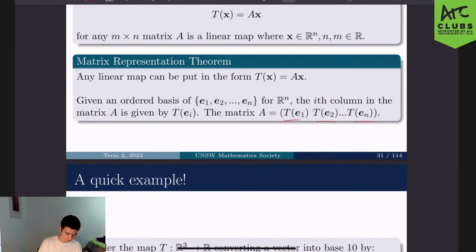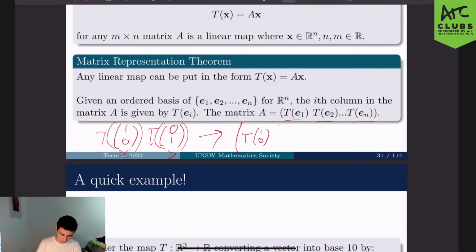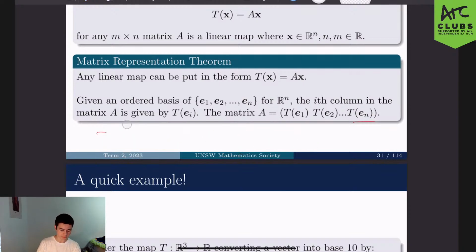If we have a vector space like this, just x and y, we can take these transforms and plug them into a matrix. We would take t of (1, 0), with the next column being t of (0, 1), and so on. That gives us our transformation matrix.